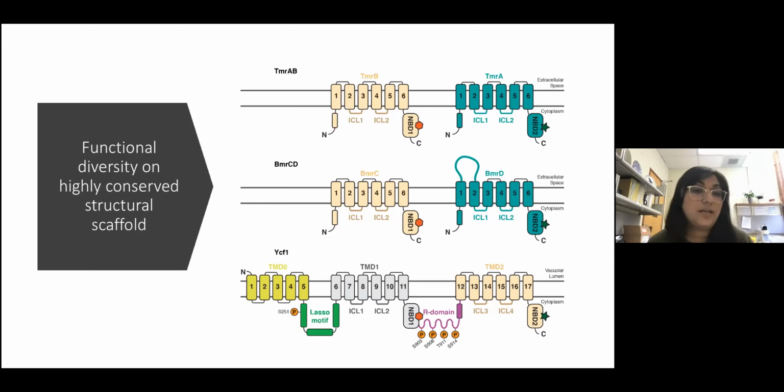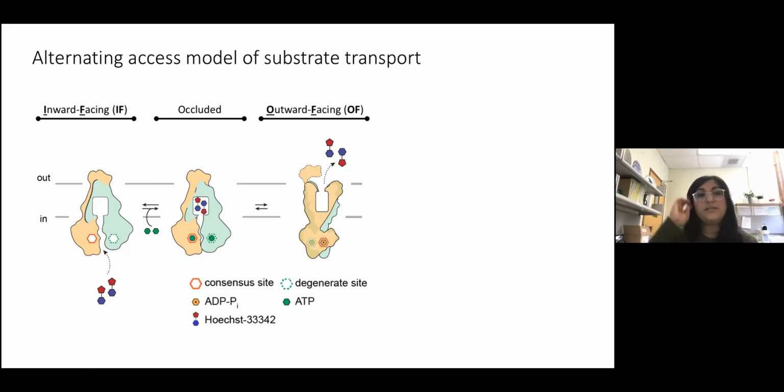And our goal here is to understand how these accessory domains in BmrCD and Ycf1 contribute to their functional specificity and selectivity for substrate, and not just the conformational dynamics of how they move molecules across a membrane. When we consider that mechanism, alternating access is the model that's most widely accepted.